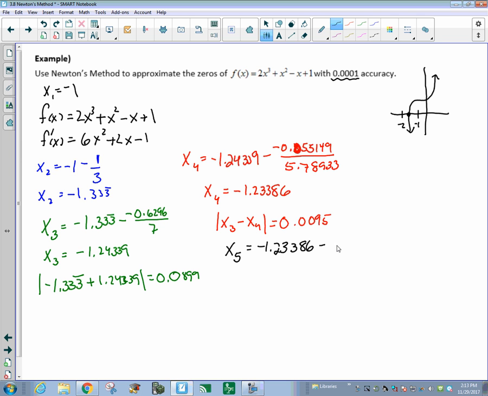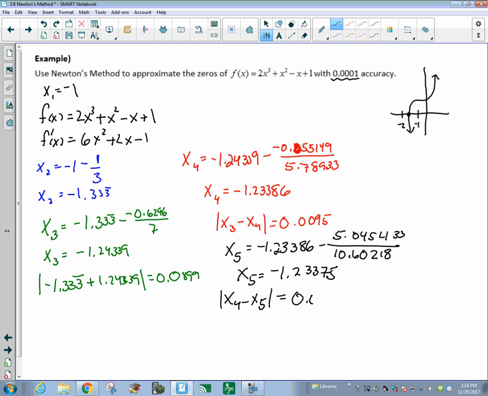Minus, substituting that value in, I got 5.04533 divided by this one. And so x sub 5 came out to be negative 1.23375, and if I say x sub 4 minus x sub 5 in absolute values, I ended up with a decimal like this, which unfortunately for us is still not accurate enough.